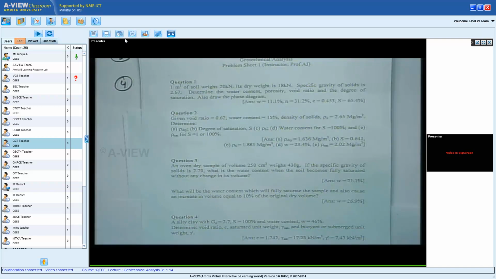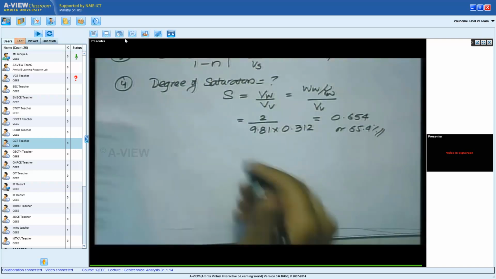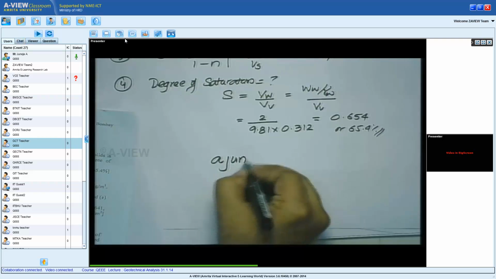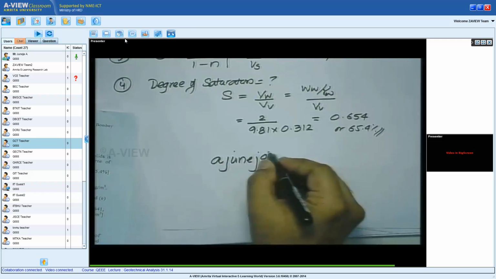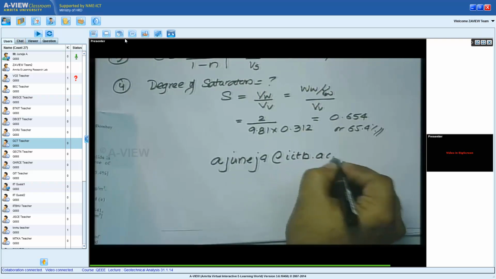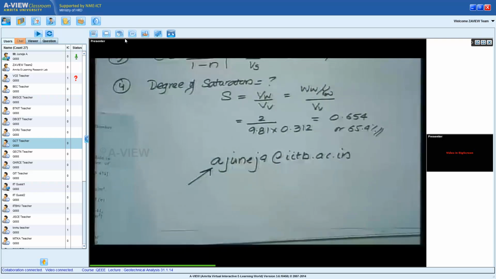My email address, I repeat, I'm not sure if it's available with you, it's AJUNEJA, it's one word, at iitb.ac.in. Please feel free to email anytime.